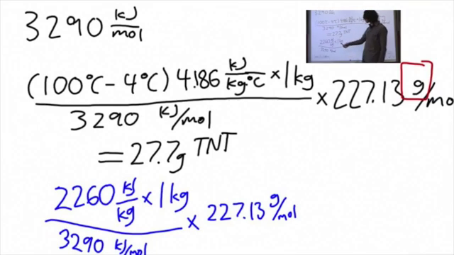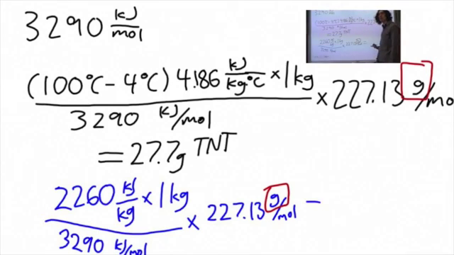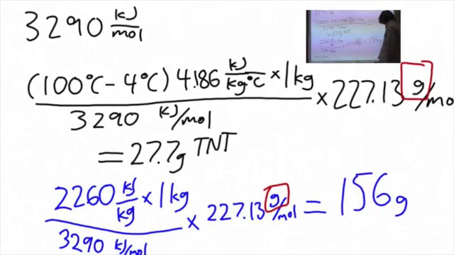And again, look at the units. Kilograms cancel out with kilograms, kilojoules cancel out with kilojoules, moles cancel out with moles, and once again, we're left with grams. And if you multiply through, this answer will be about 156 grams of TNT.